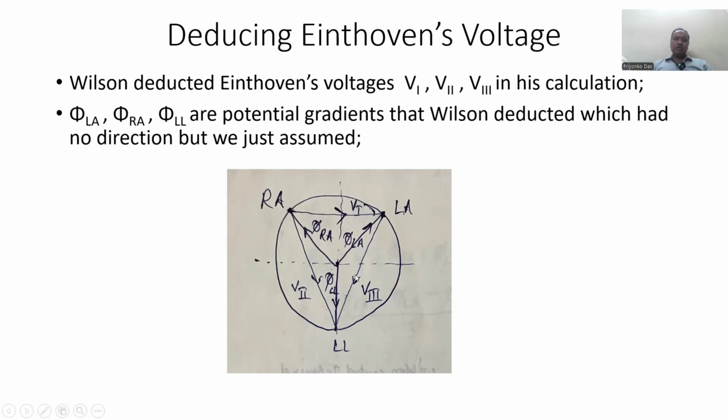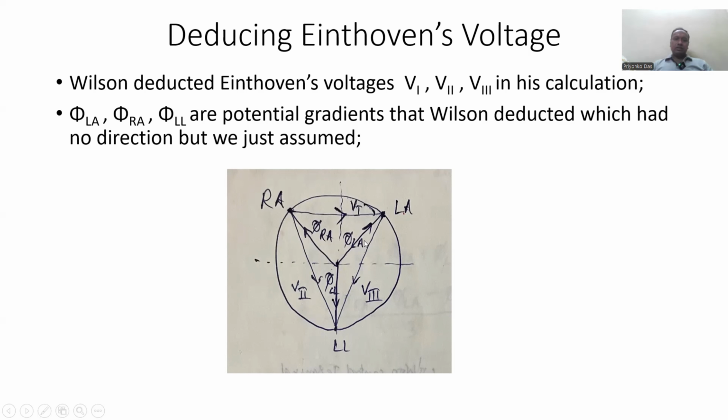See, these were the directions, but for phi RA, phi LA, and phi LL, no direction has been given by Wilson. We just assume that the direction of phi RA will be outward, phi LA will be outward, and phi LL is also outward.